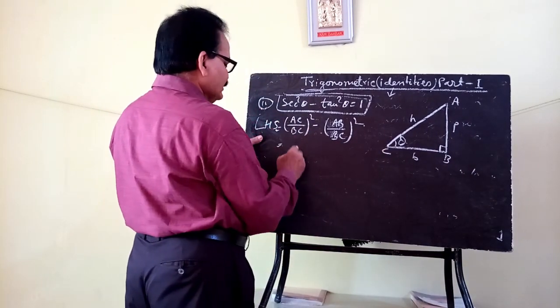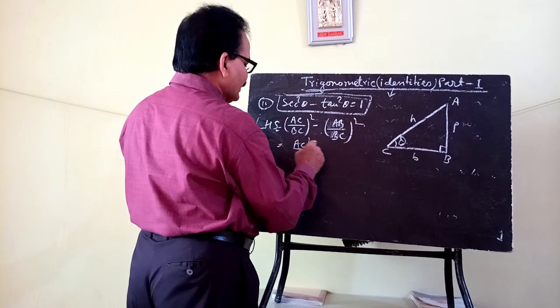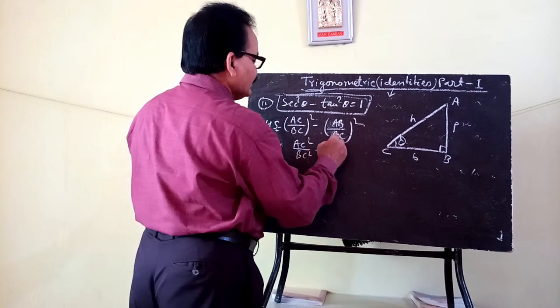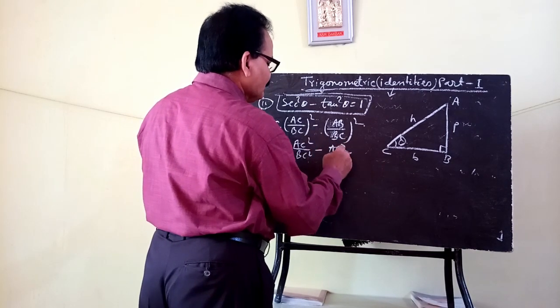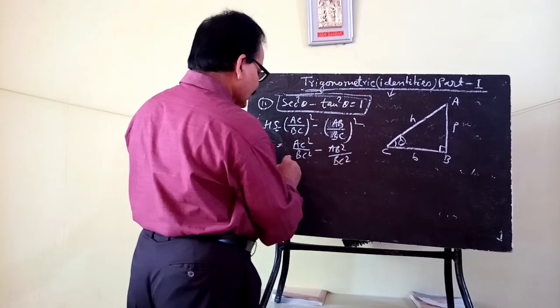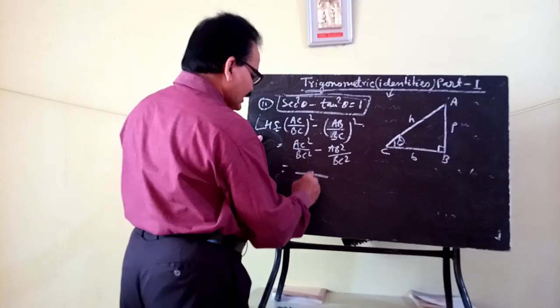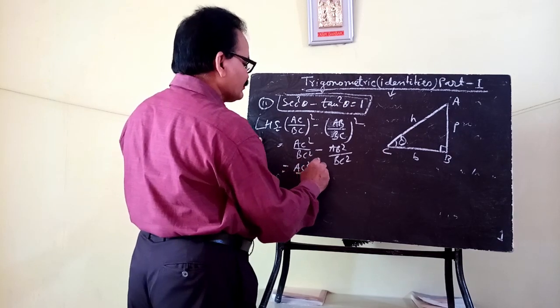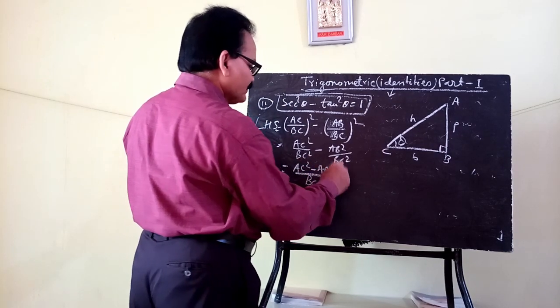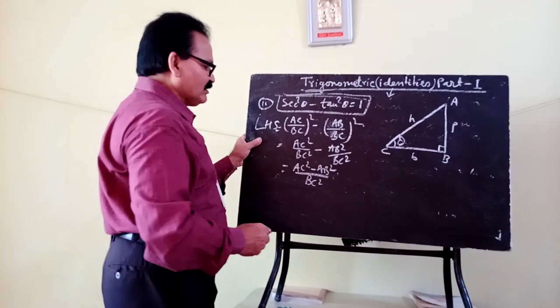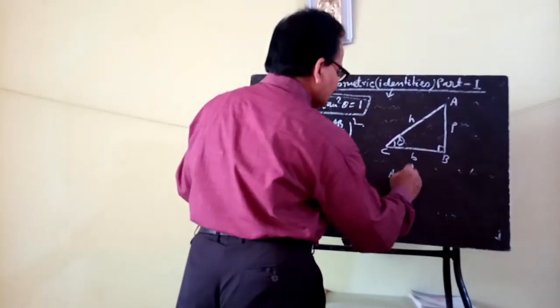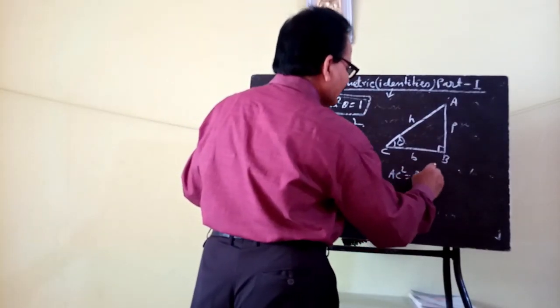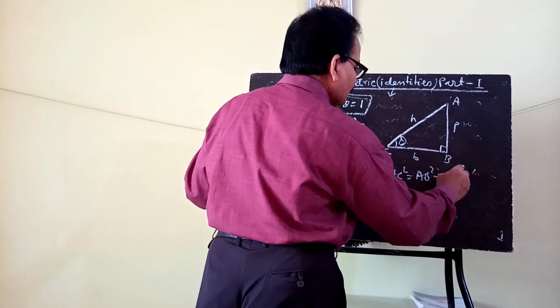So you will see this is AC square by BC square minus AB square by BC square. So here you can have BC square as your LCM. So this will be AC square minus AB square. You will see from Pythagoras theorem, that is AC square equal to AB square plus BC square.